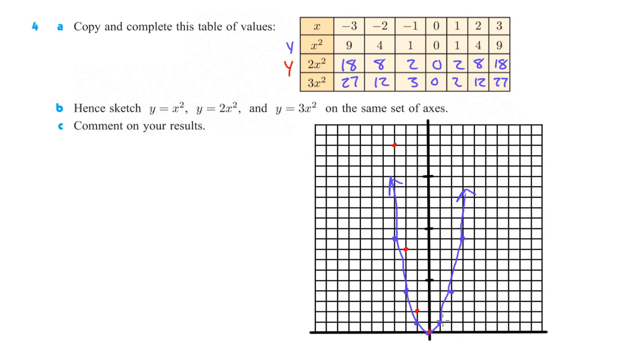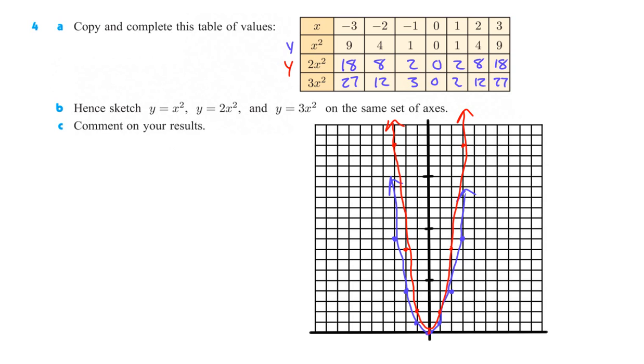Twice 0 is 0. And then we draw our graph again. Hope you can forgive my crummy handwriting. It's really hard to draw a nice connected curved graph on this tablet.